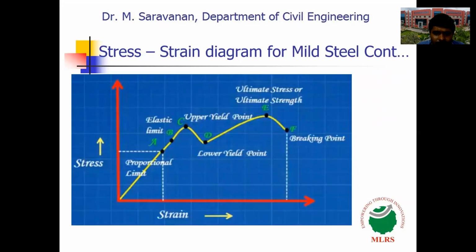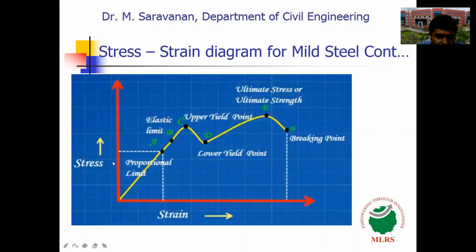So you can see this is the stress strain diagram for a mild steel rod. When you conduct the test by using the universal testing machine, you are applying the load on the mild steel rod, it means tensile load. When you apply the tensile load on the mild steel rod, the stress is increased.